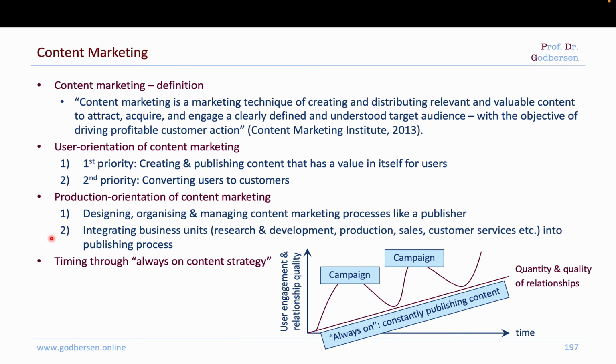And arguably the best approach with content management is the always on strategy. Always on means you are constantly publishing content in your blog, in your website, through your social media channels, whichever channels you use. And over time, with the always on approach, the user engagement and the relationship quality between the user of your content and you will increase.